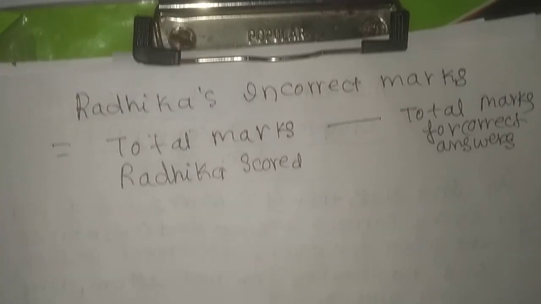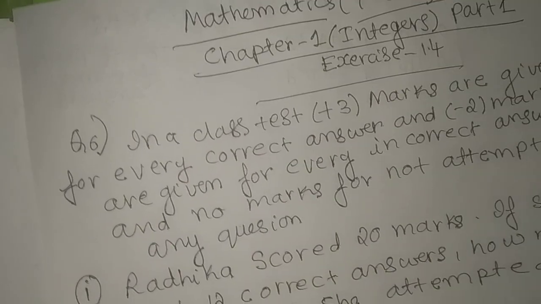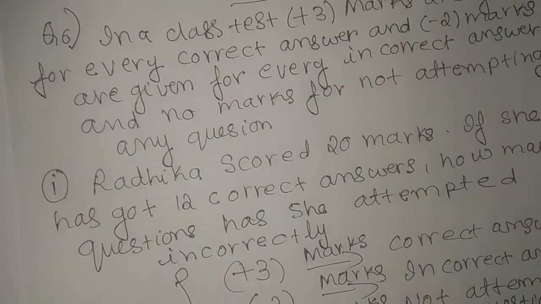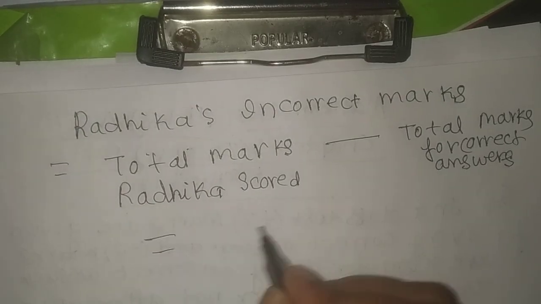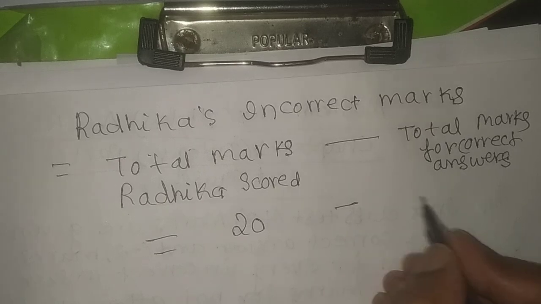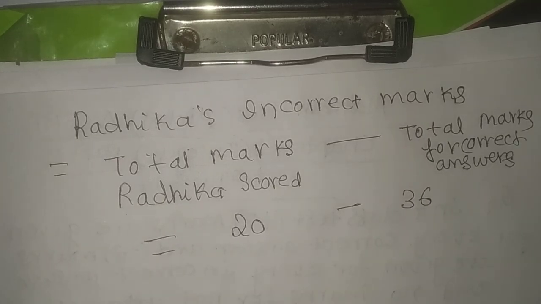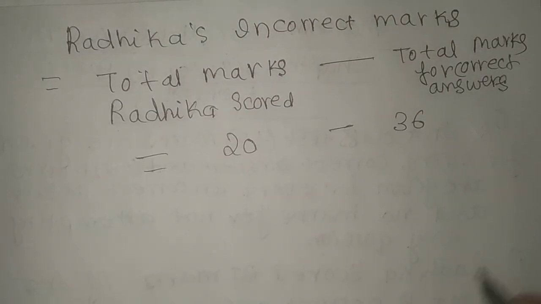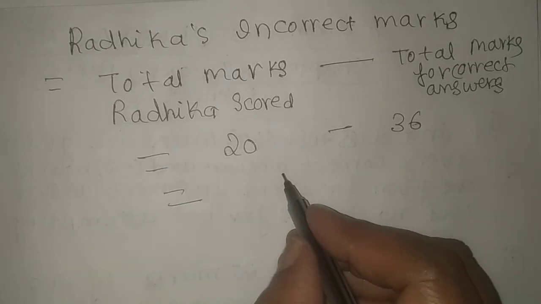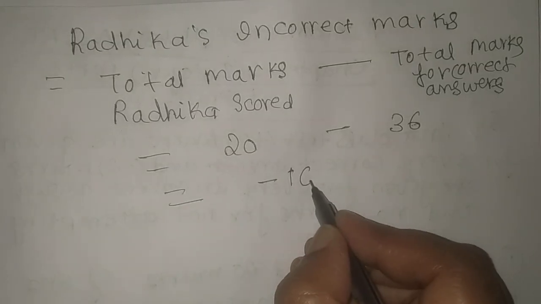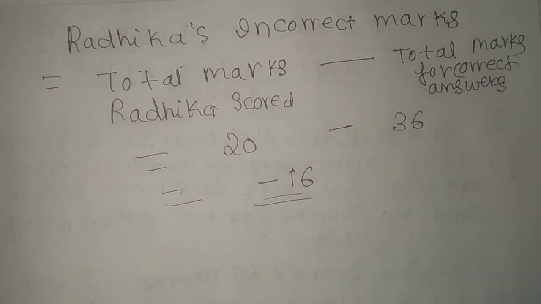Radhika scored a total of 20, all given in the question. So take the total marks 20 minus 36, the marks for Radhika's correct answers. Therefore minus 16 will be the marks for the incorrect answers.